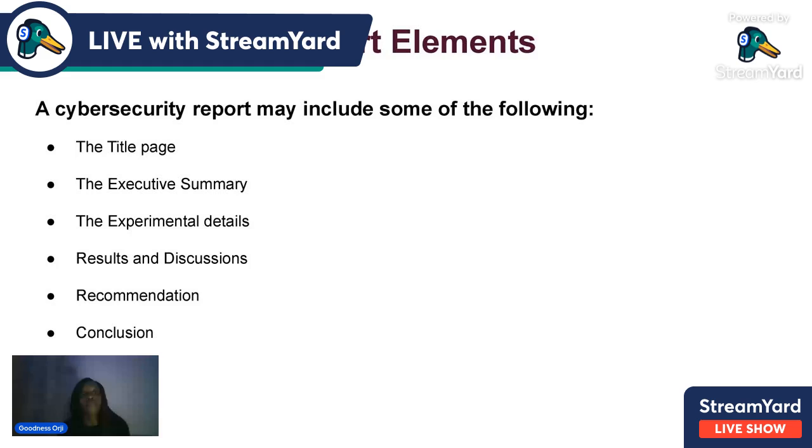Then a report will also come with the executive summary, experimental details, results and discussions, your recommendation, and then your conclusion. Like I said, the report is not limited to these elements, but these are basic elements that your report should contain. This can be tilted a little depending on your audience and what kind of report you want to prepare.